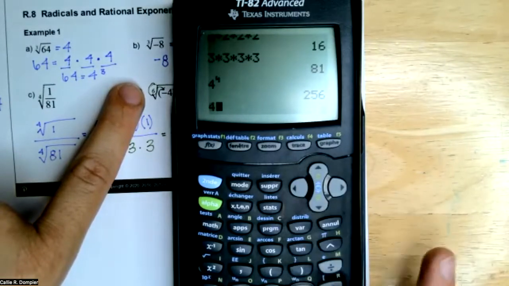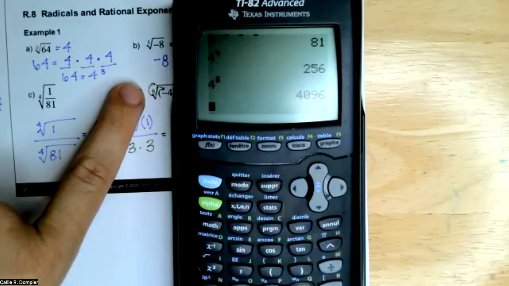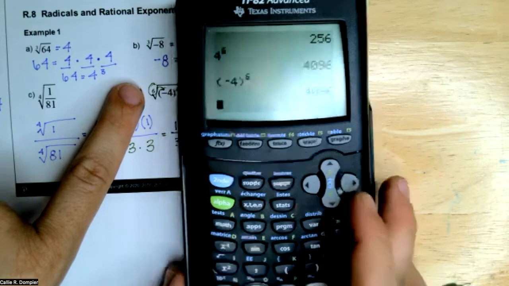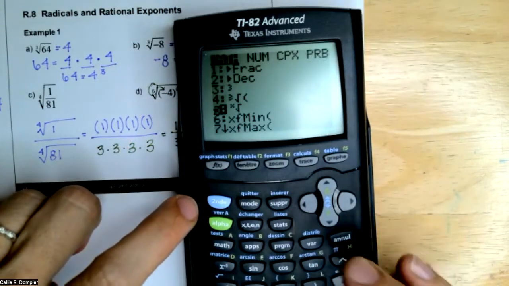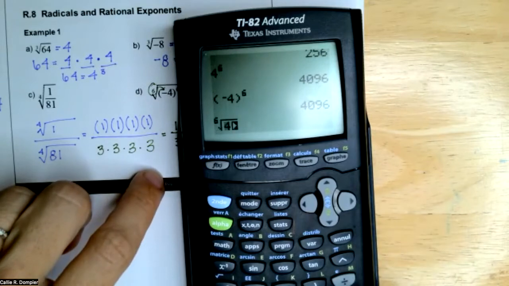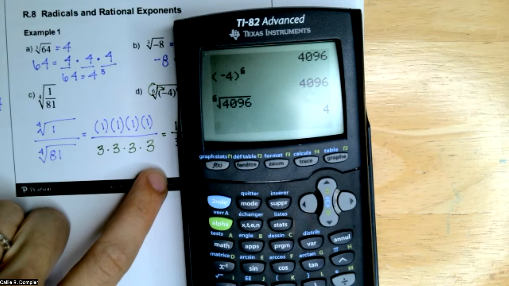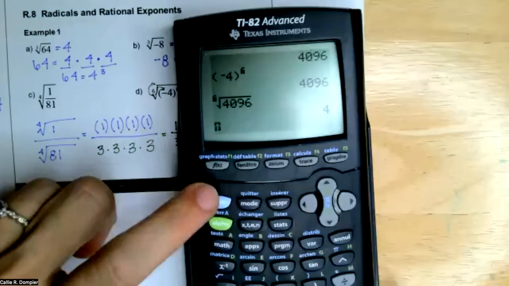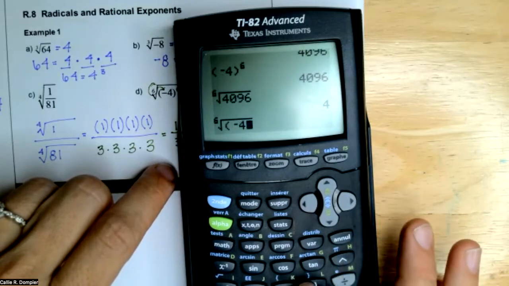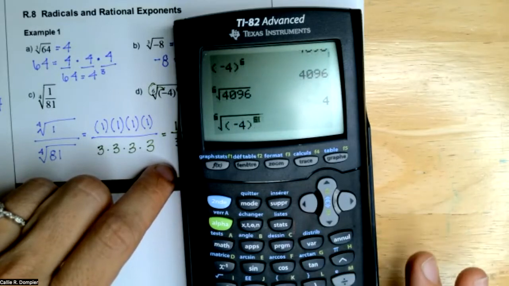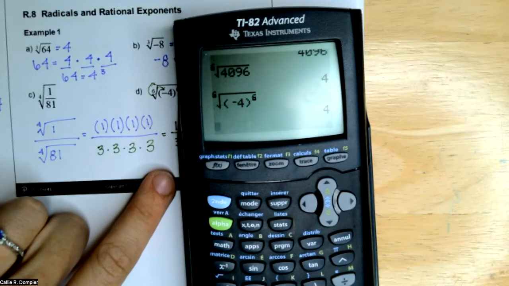Four to the sixth power is 4096, and -4 to the sixth power is that same number. So even if you put the -4 under there, -4 to the sixth, it comes back positive.